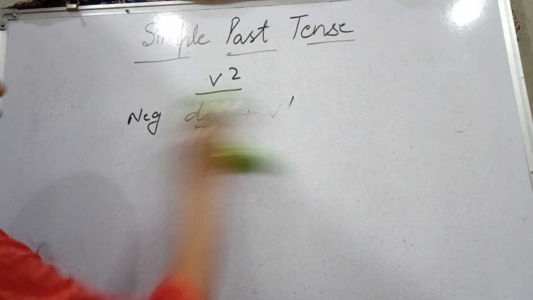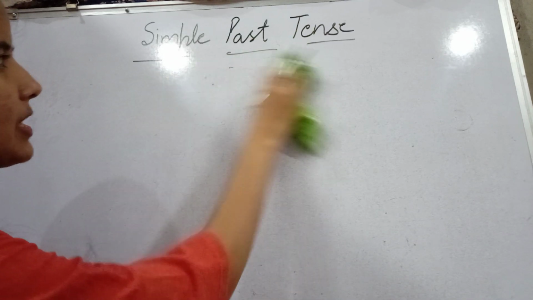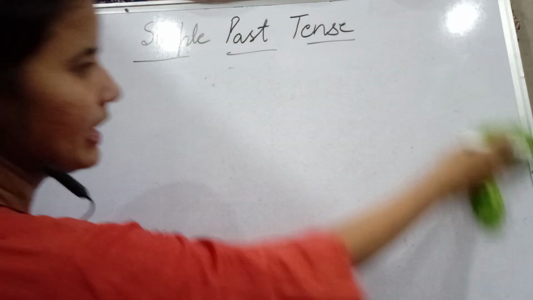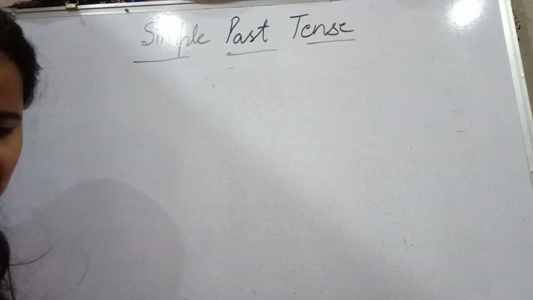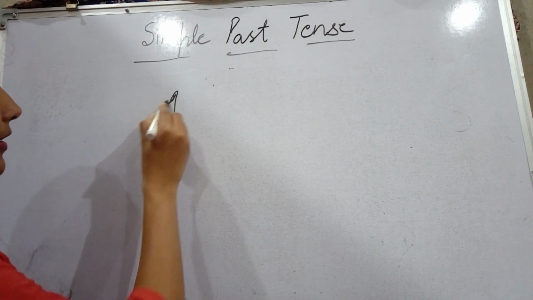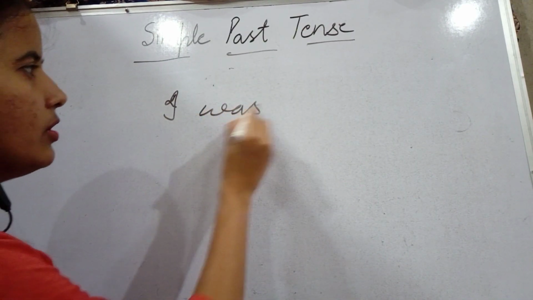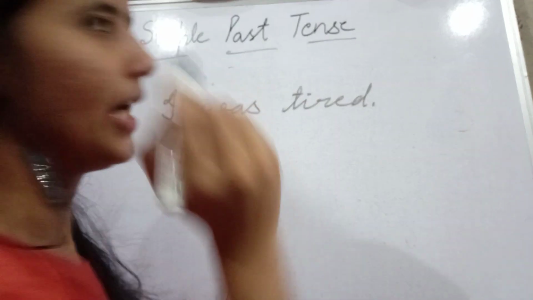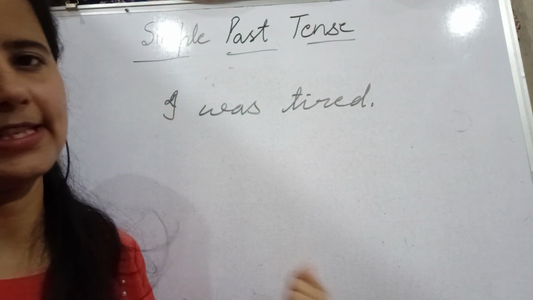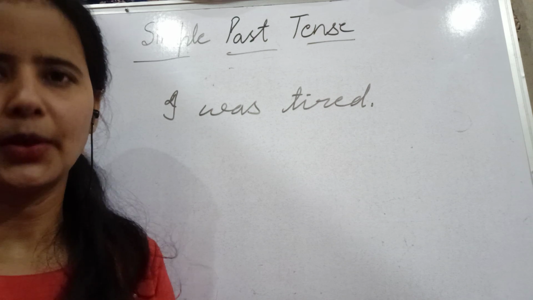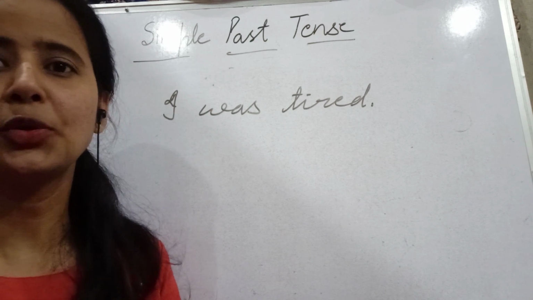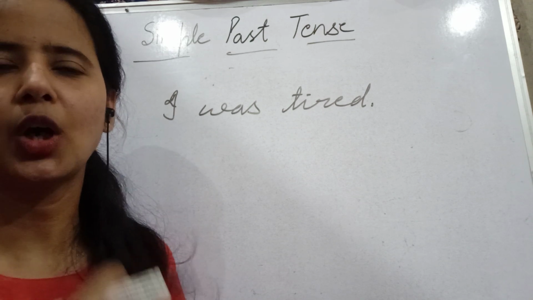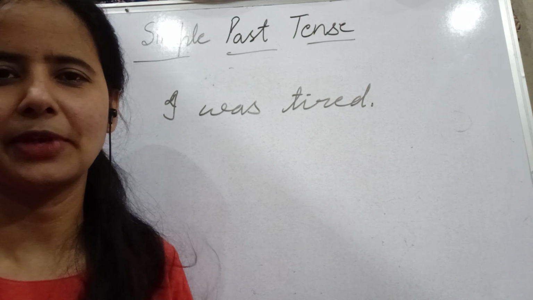Okay. One main problem is that students make mistakes in identifying tenses, like "I was tired." If I ask you which tense this is, can you recall simple present tense when we studied?